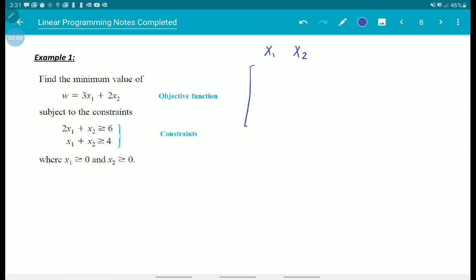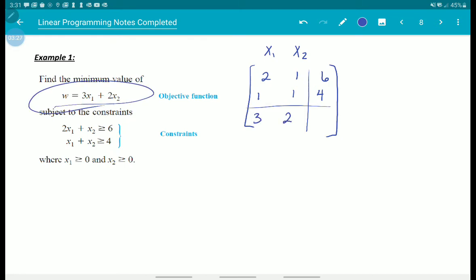So let's create a matrix with this. We're going to put the constraints in first. We have 2x1 plus x2 is greater than or equal to 6. x1 plus x2 is greater than or equal to 4. And then we're going to put 3 and 2. Now we're putting the coefficients in for that objective function, and that's going to end up being equal to 0.